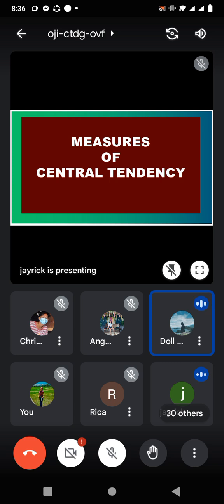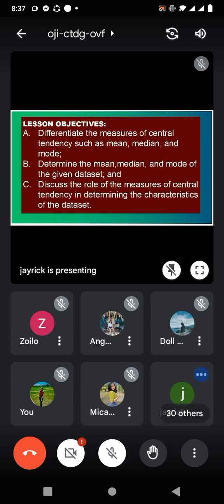So, in order for you to be more ready, our topic for today's session is the measures of central tendency. You have to know first the lesson objectives, because these will guide you as you go along in our discussion. First, at the end of the discussion, you are expected to differentiate the measures of central tendency, such as mean, median, and mode.